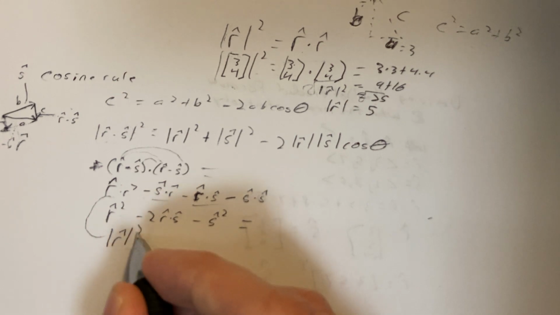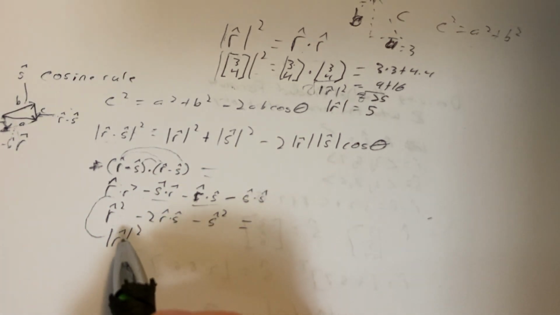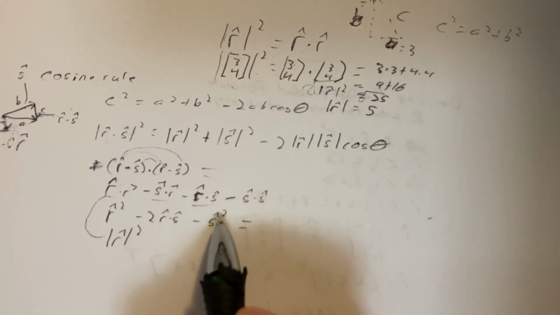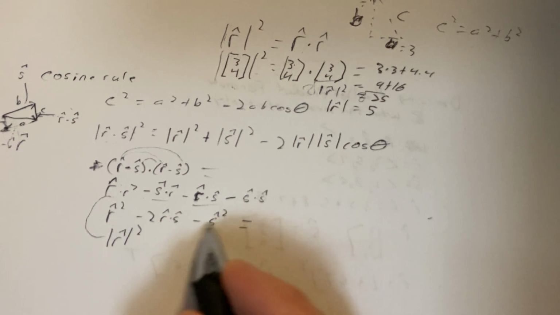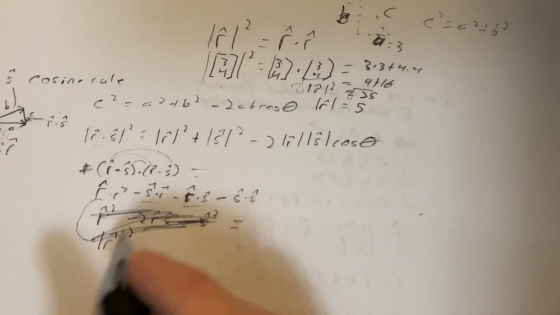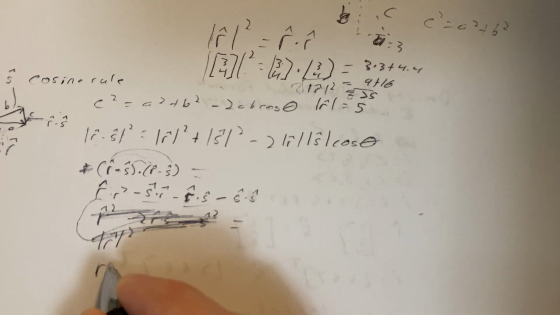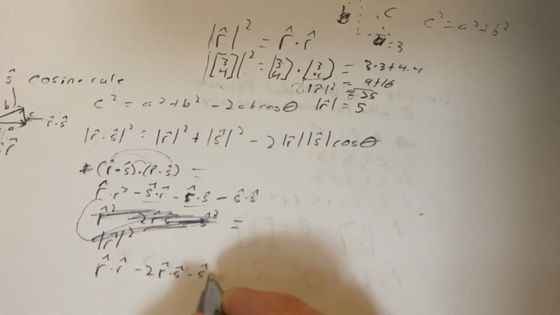Actually, I shouldn't have said squared right here. I don't know if that's proper notation for dot producting. I shouldn't have done this line. But I should have kept this line as is: r hat times r hat minus 2 r hat times s hat minus s hat times s hat.